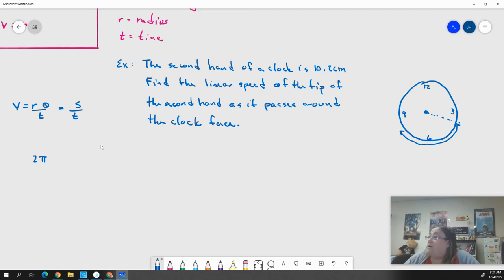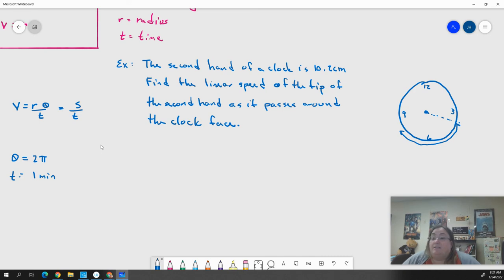So we know that we're going 2 pi per minute. So our theta, that angle that it's going, is 2 pi. The amount of time it takes to go that 2 pi all the way around the circle is 1 minute.